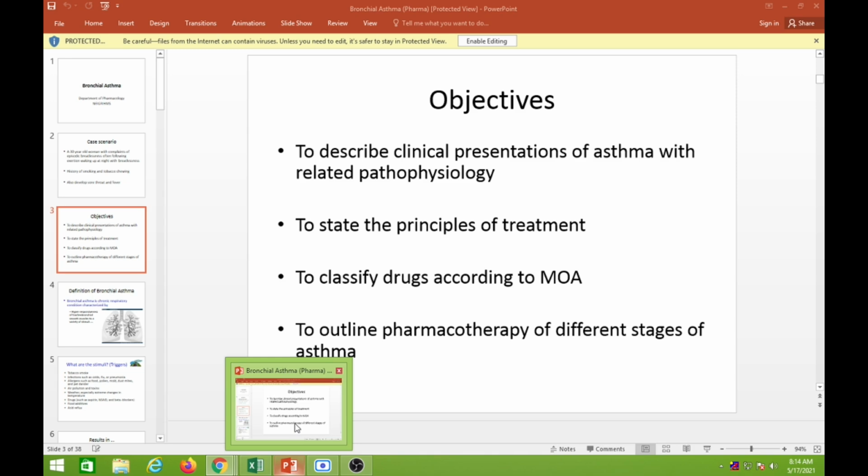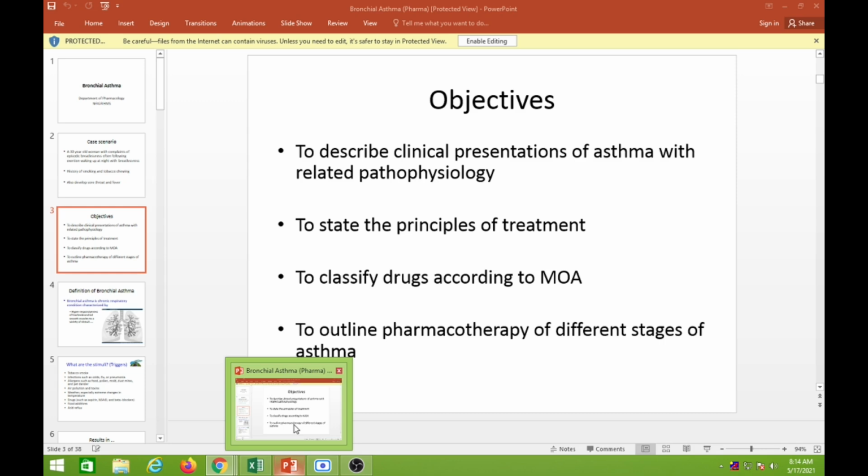So the objectives of today's class are to describe the clinical presentation of asthma and the related pathophysiology, and we'll go into it a little bit. Then what exactly we have to do when a patient comes with asthma, and state the principles. Most importantly, at your level, you have to classify drugs according to their mechanism of action.